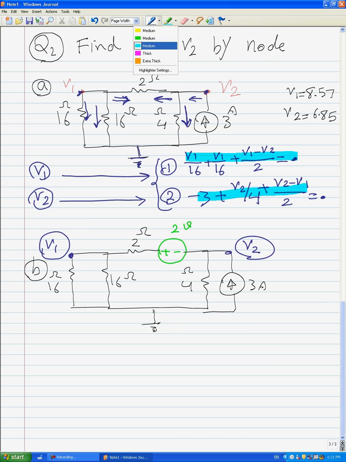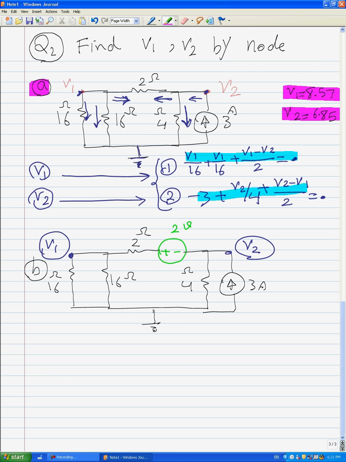This is the final answer for part A. And in order to improve your skills for the midterm, it's a good idea to solve this part A question only with current divider, equivalent resistance, and KCL or KVL.